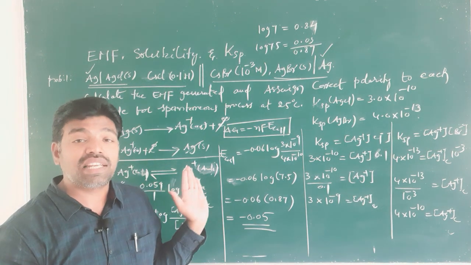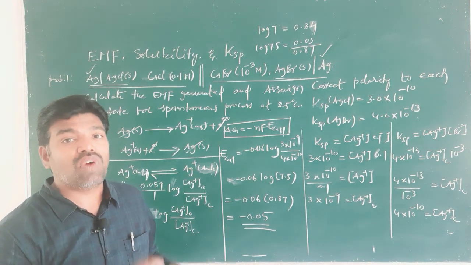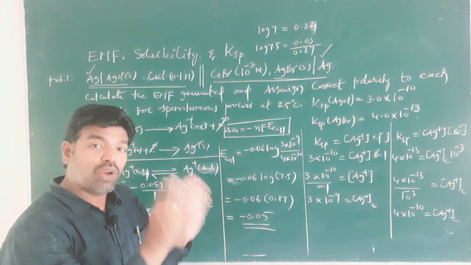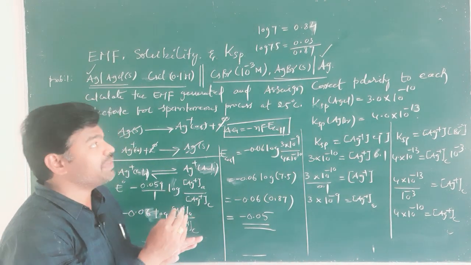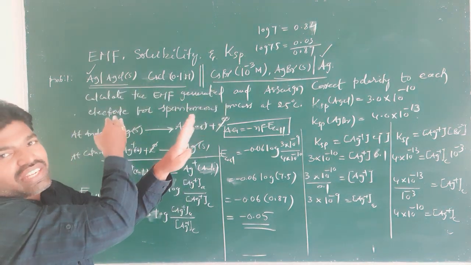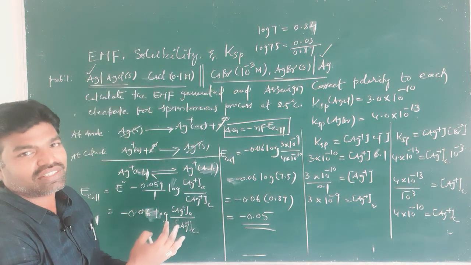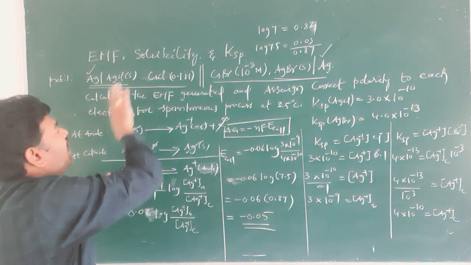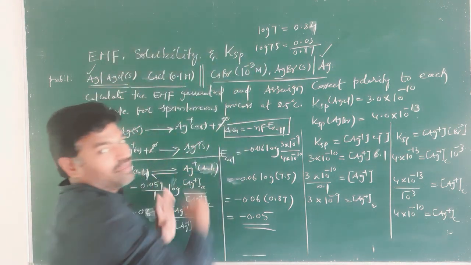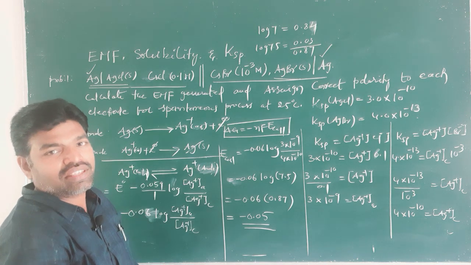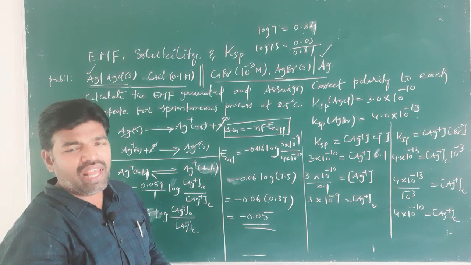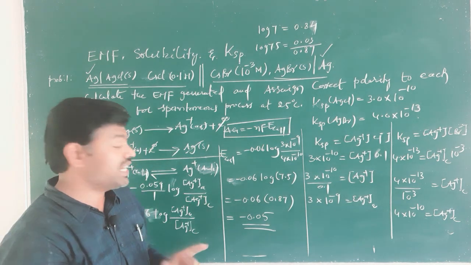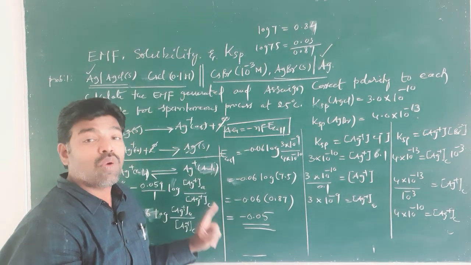So, for delta G to become negative, what we do, you change the polarity of the electrodes. That means you invert the cell reaction, that is you use this on this side and this is on that side. You just invert the polarity, you just change the electrodes, right, so that you get E cell value positive.